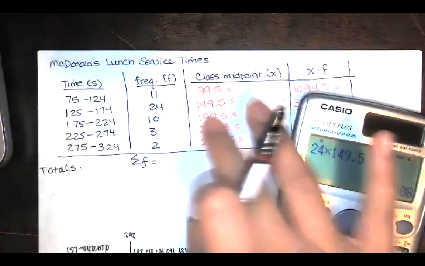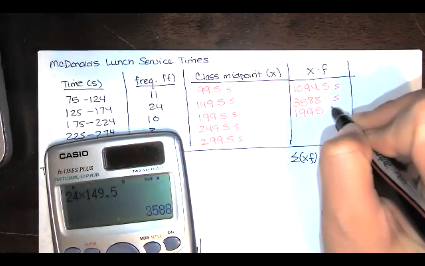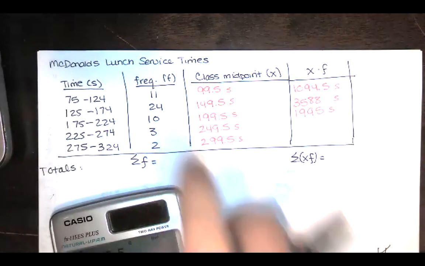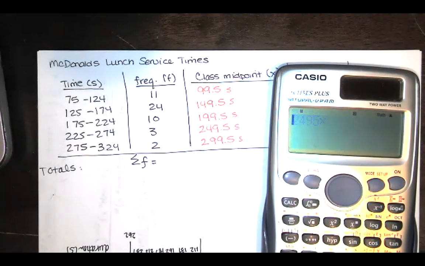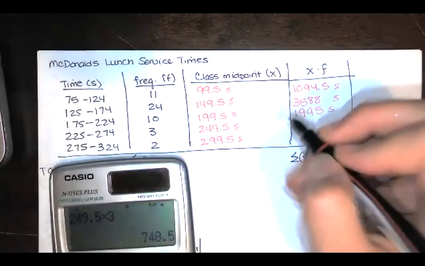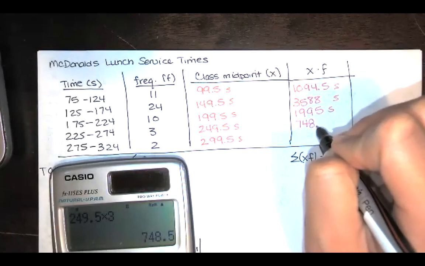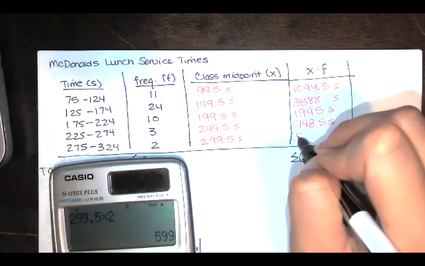And then we go down here, we multiply that by 10, so it's just going to move the decimal once. We'll take this one and multiply by 3. It's 748.5. And the last one, 299.5 times 2, 599.